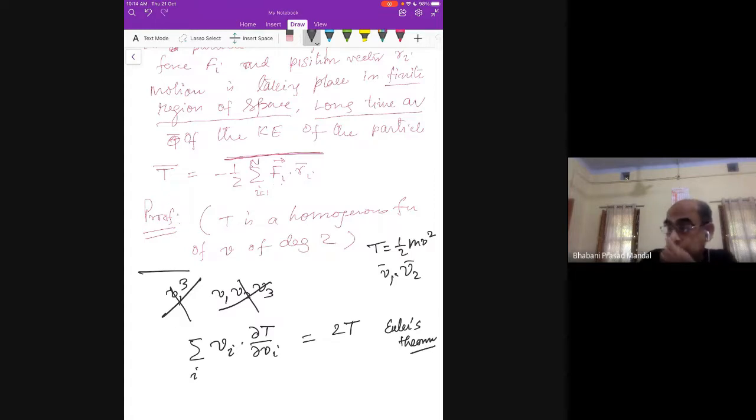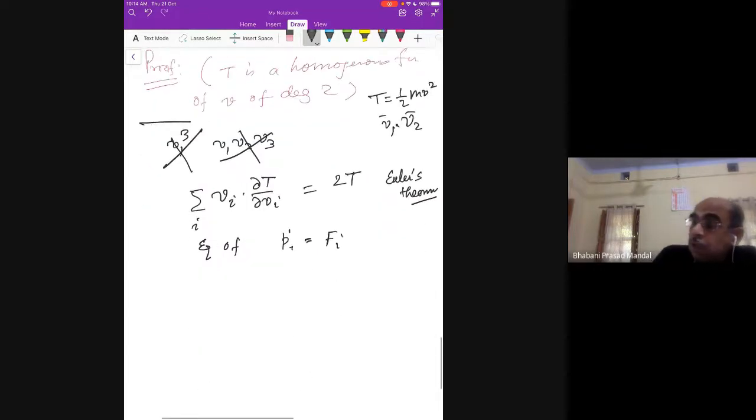So because of Euler's theorem, I can write this. Also, I can use the equation of motion, Newton's law, Pi dot for each particle. So the rate of change of momentum is the force Fi. This also we can write. Okay. So now let us see.